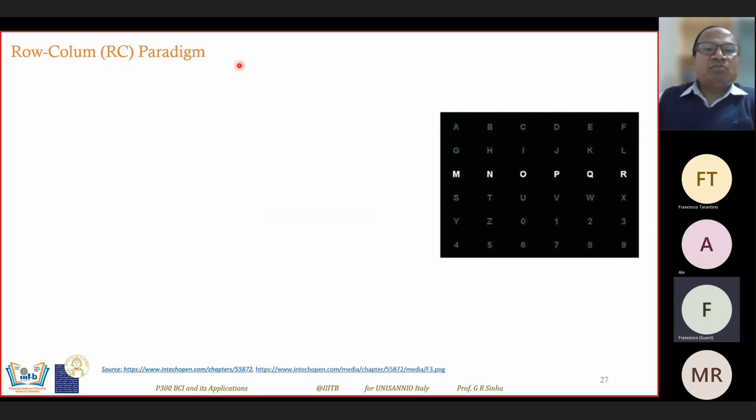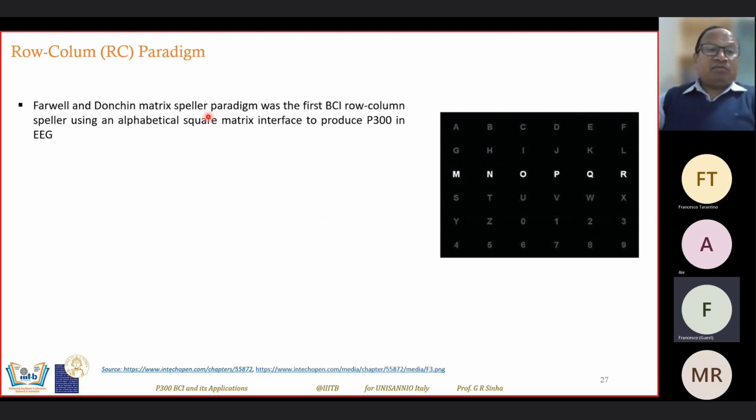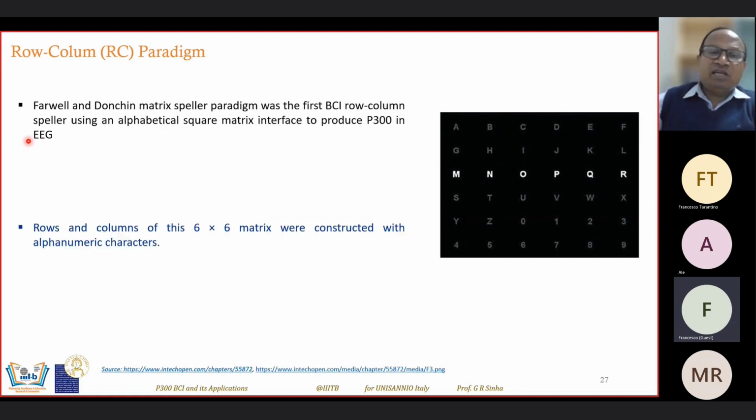This paradigm is very popularly known as row column, abbreviated as the RC paradigm. Farwell and Donchin were the people who introduced this matrix speller paradigm. The Farwell and Donchin paradigm was the first BCI row column speller using an alphabetical square matrix interface to produce P300 in EEG. When a person watches a particular character, alphabet or number, that produces certain EEG in the P300 system.